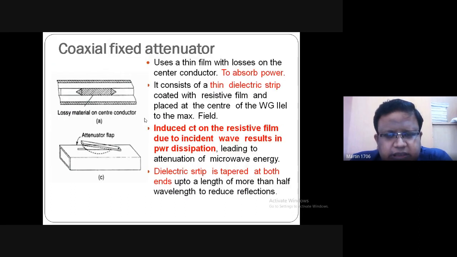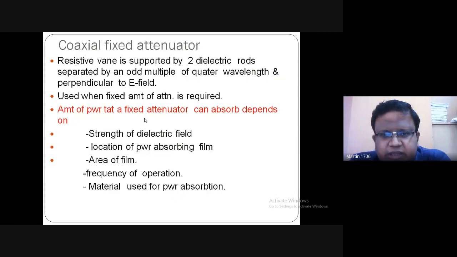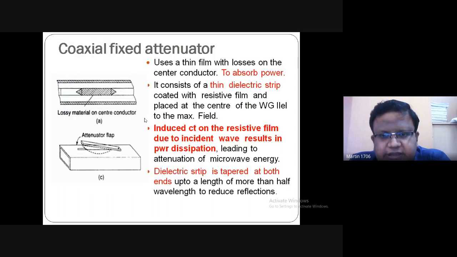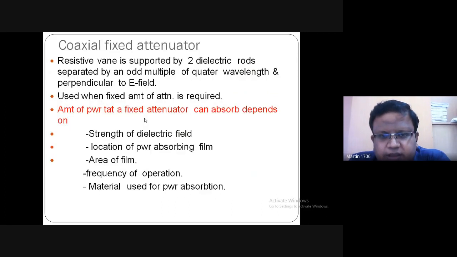So if an attenuator flap is tapered like this, then it will be separated by odd multiples of quarter wavelength, that is lambda by 4 of that particular waveguide, and it should be perpendicular to the electric field.